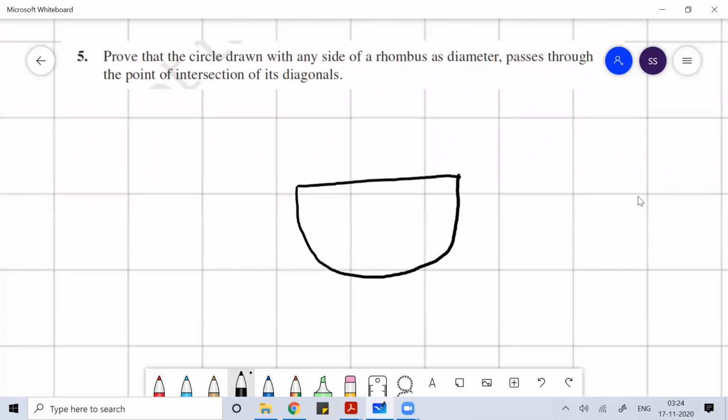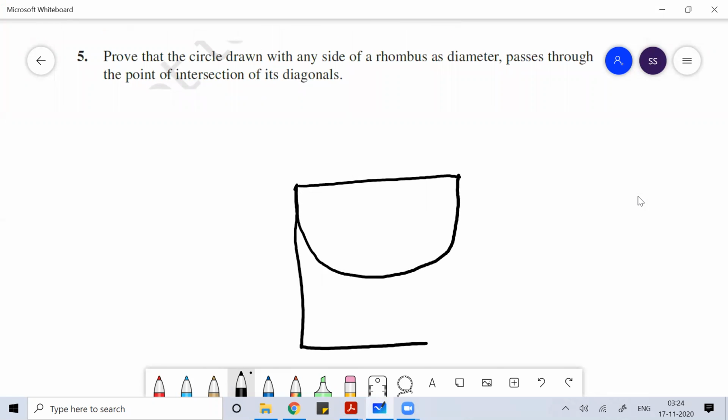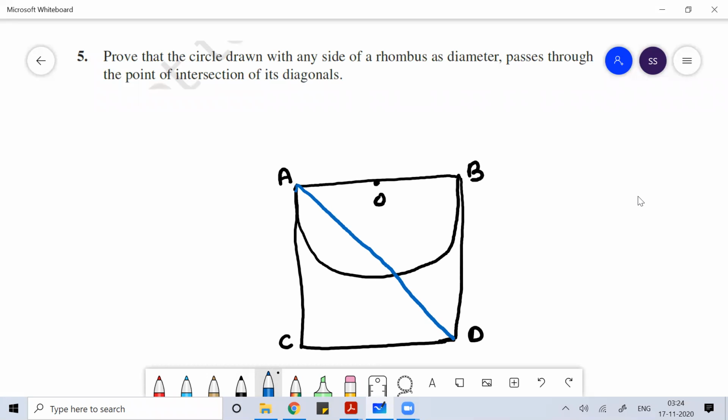Okay, so with any side of rhombus, suppose this is the rhombus. So this is center O, this is A, this is B, this is C, this is D. To prove that the circle drawn with any side of rhombus as the diameter passes through the point of intersection of the diagonals.